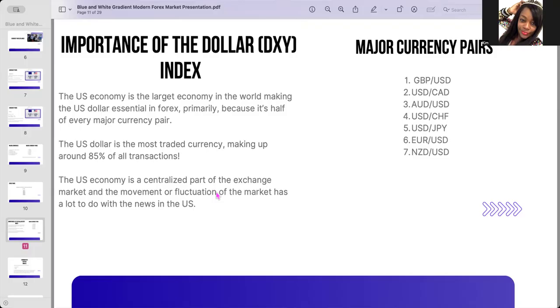As soon as Jerome Powell talks, this is considered fundamentals, which I'll get to in a second. Soon as Jerome Powell talks, price is either going to fly up or fly down. That's what the fundamentals are.